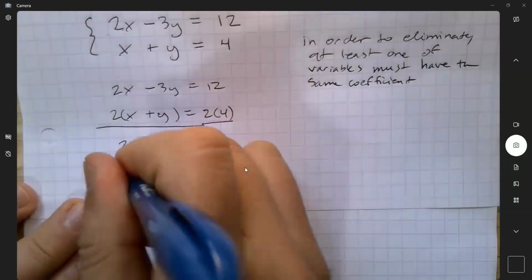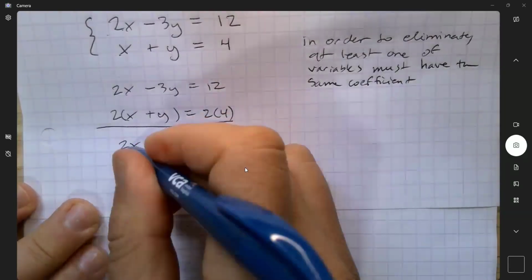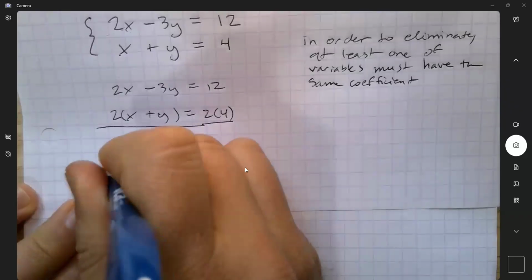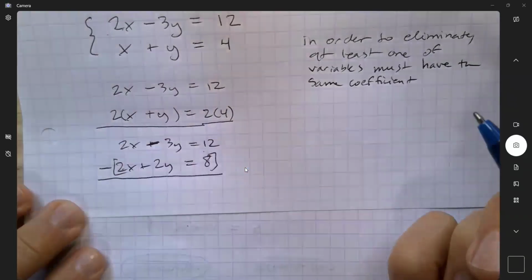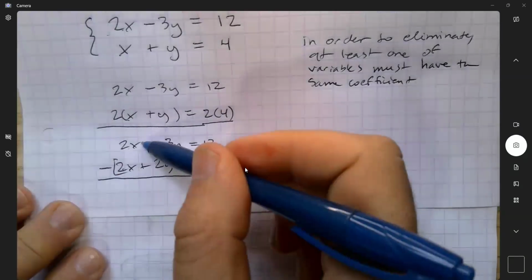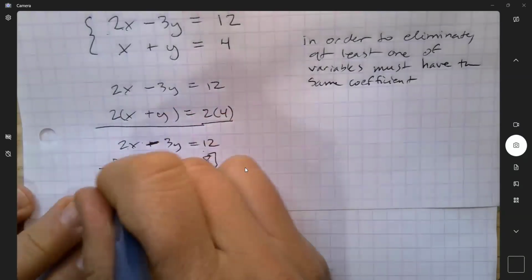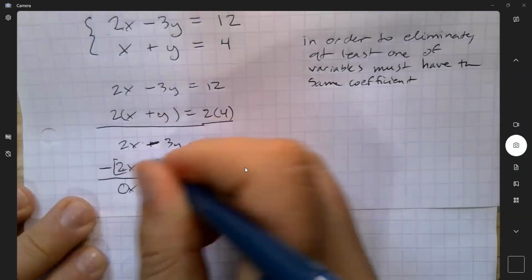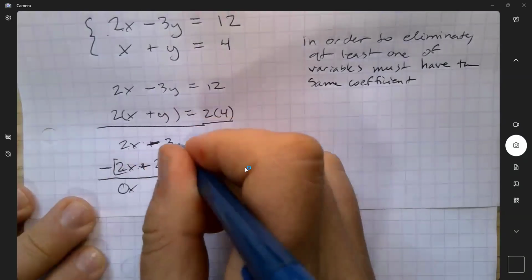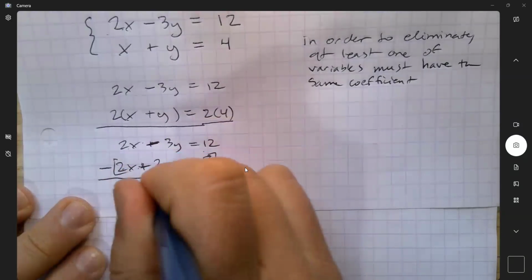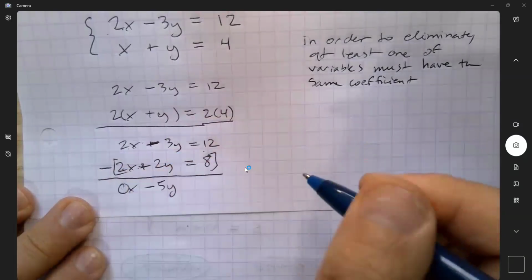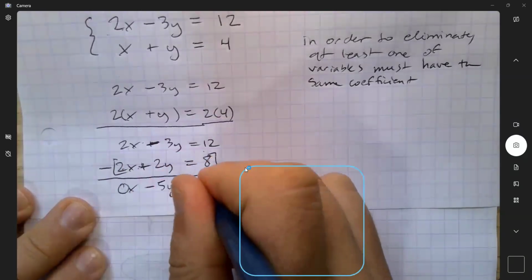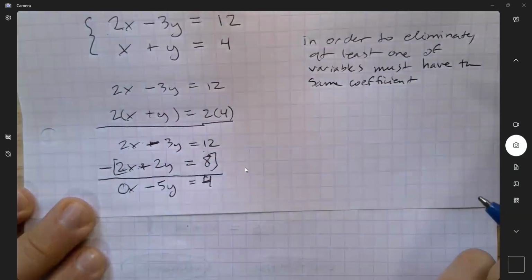Now I can actually, I won't even add them together. Now I can subtract them, remembering that I'm subtracting everything. 2x minus 2x is 0x. That just cancels. Minus 3y minus 2y becomes negative 5y. And 12 minus 8 becomes 4.